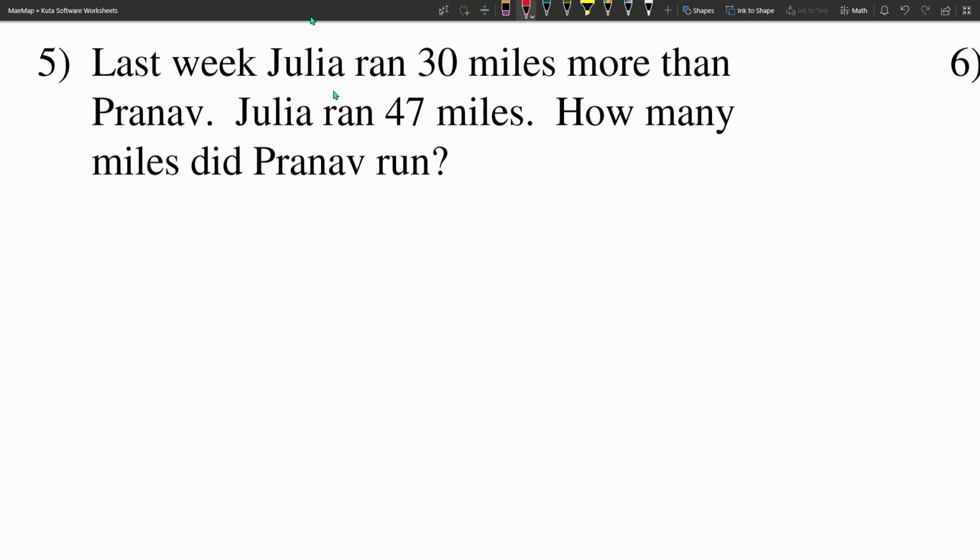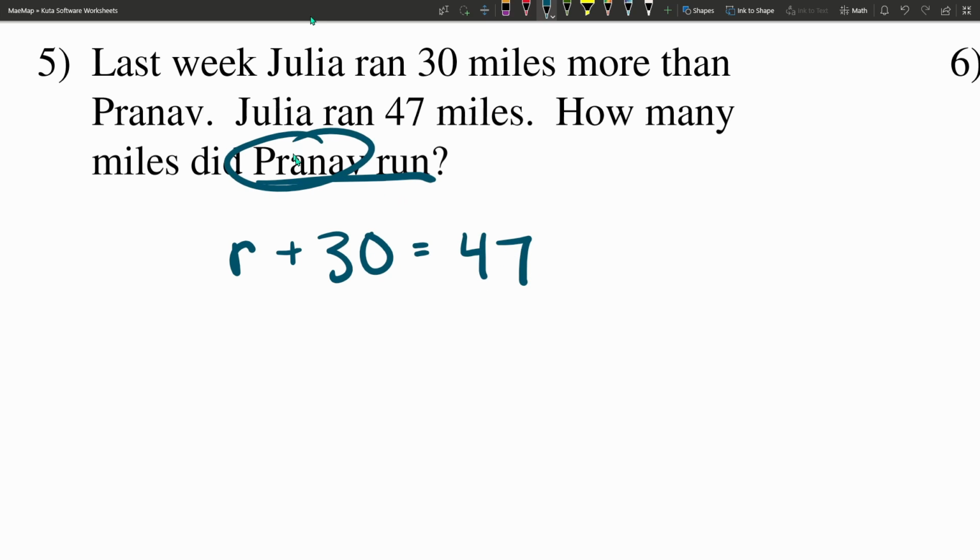Number 5 says, last week, Julia ran 30 miles more than Pranav. Julia ran 47 miles. How many miles did Pranav run? So if she ran 30 more miles, that means that R, the amount that Pranav ran, plus 30 is going to equal the total that Julia ran, 47.